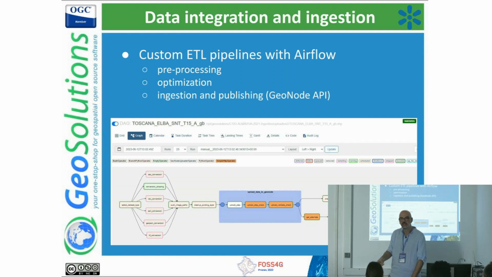We already have operators in Airflow that implement the GeoNode API. So you can just place your operators in Airflow, do all your processing, and then call GeoNode from Airflow tasks for uploading the dataset or making updates to the dataset after specific processing, the optimization pipelines that you do outside of GeoNode.